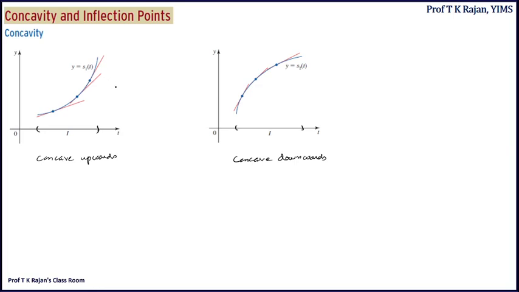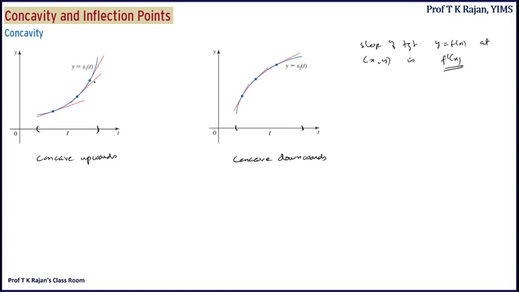Now let us see what is the condition required for a function to be concave upwards and concave downwards. As per this definition, the curve is concave upwards in the interval I if slopes of tangents are increasing. But we know the slope of tangent to the curve y equals f of x at any point x, y is f dash of x.